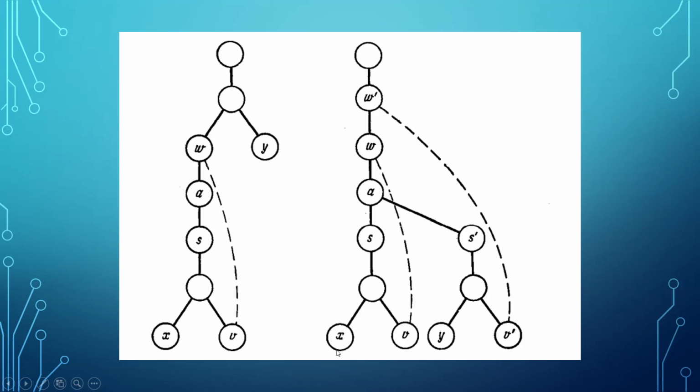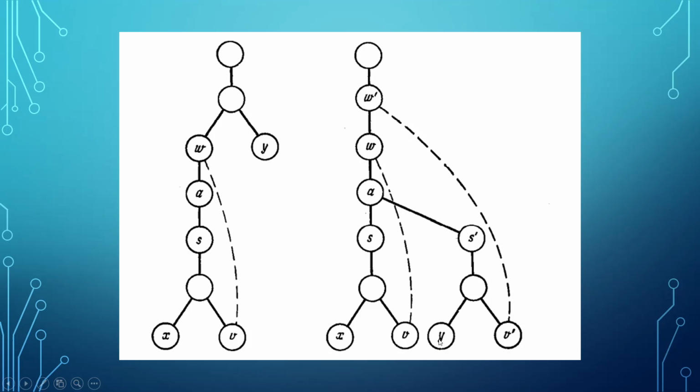We may also start our path right here. From X we go here, then here, and using back edge VW we get to the first proper ancestor of A. Then we go up to W prime, and using back edge W prime V prime we go right here. We go here and we get Y.